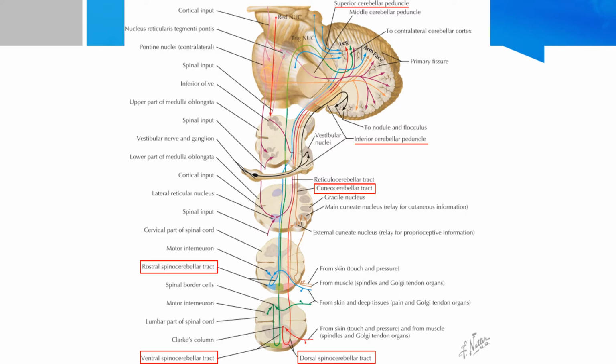And I typically think of this as parallel lines that don't intersect each other. And what I mean is that if you have the ventral spinocerebellar tract, which is more anterior, going through the superior cerebellar peduncle, you're not going to intersect any of the other lines that travel more dorsally.